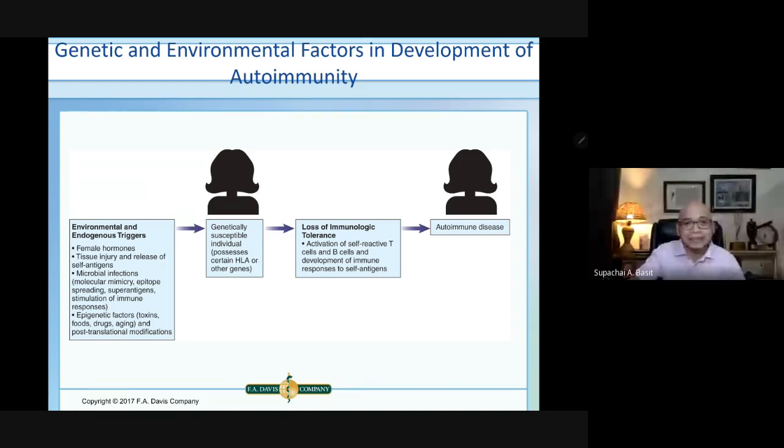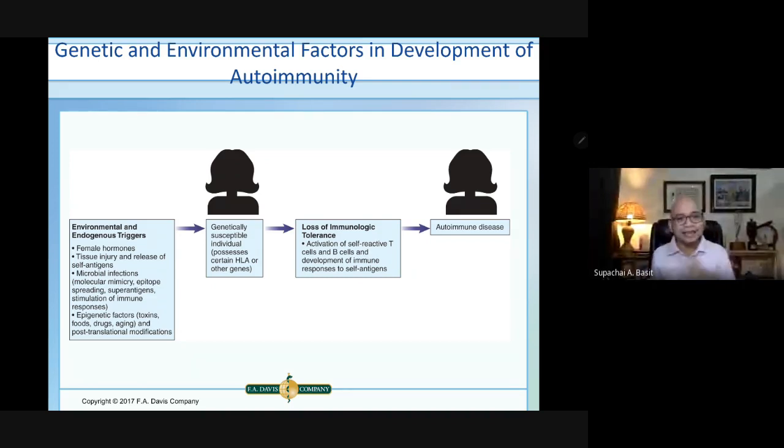Now, this particular slide will explain to us the genetic and environmental factors as a result of autoimmunity. It says here that autoimmunity is thought to result from complex interaction between the genetic and environmental factors.